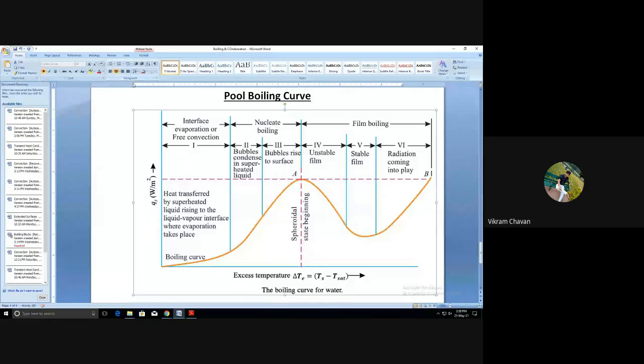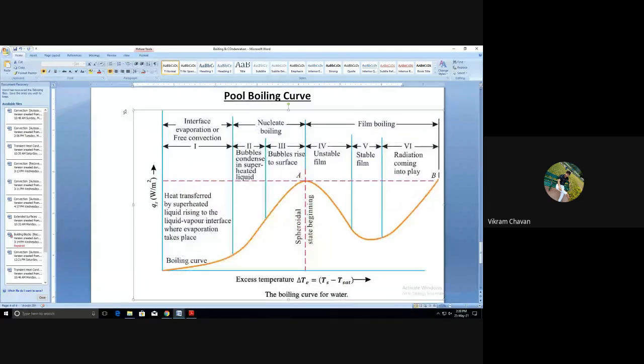If the figure is not visible, you can rotate the screen and use the zoom feature. Important figure.